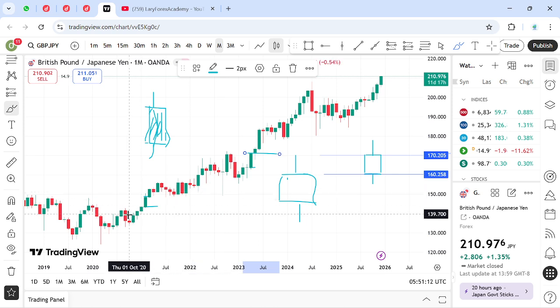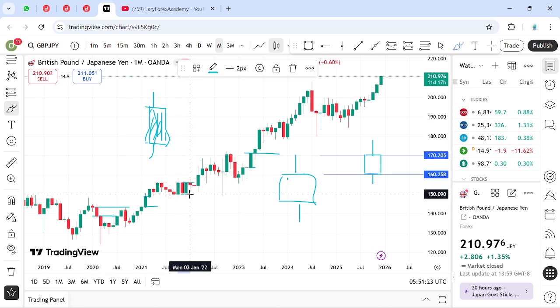Now for a bearish candlestick, for instance here, it opened at the top and closed at the bottom. A bearish candlestick like this one opened at the top and closed at the bottom. A bearish candlestick like this, it opened at the top and closed at the bottom, leaving wicks behind.